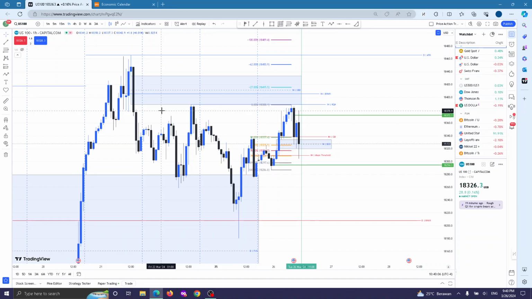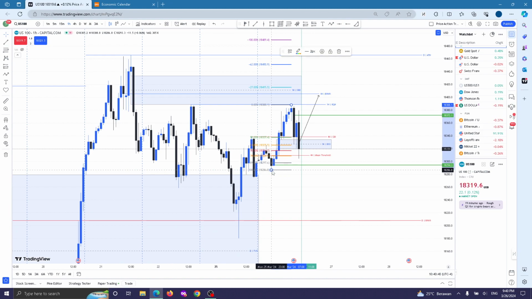So tomorrow I'll take a silver bullet this time, after we've established this as a reversal point for price to go up into this breaker there. This should be the last line of defense.